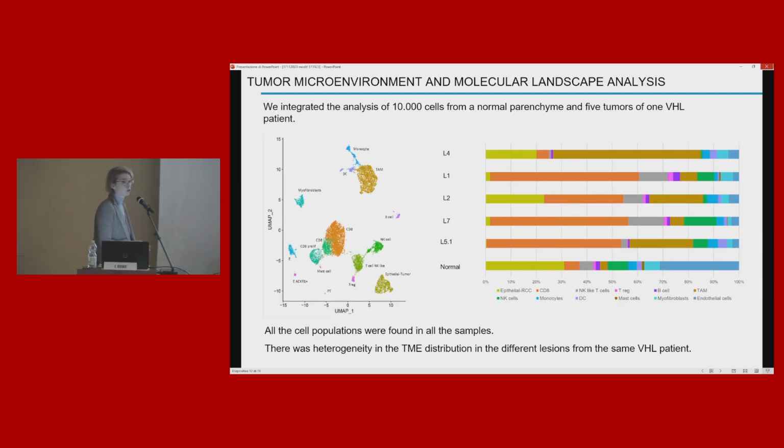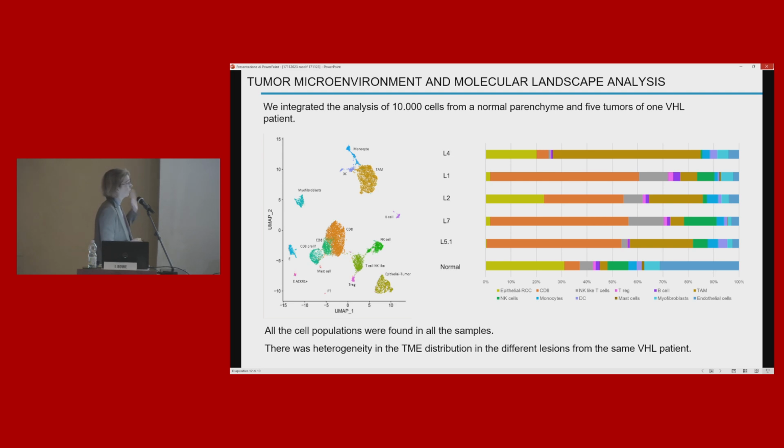And in order to analyze the tumor background, we did single-cell RNA-seq using more than 10,000 cells from 5 tumors and 1 renal parenchyma. And we managed to observe the myeloid cells, the fibroblasts, CD8 cells, NK cells, and 1 cluster with epithelial tumor cells.